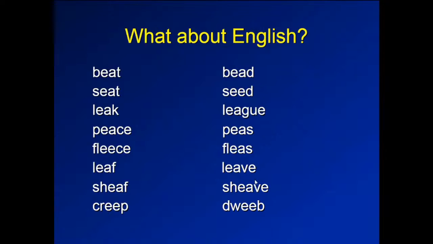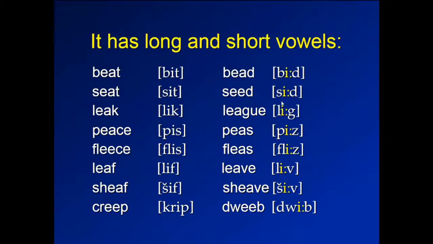All these are voiced. Now, this vowel is shorter as compared to this one. This one is longer. What makes this one longer and this one shorter? It's the following sound. Here, the following sound is voiceless: t, k, s, f, p. Here, the following sound is voiced: d, g, z, v, and b.